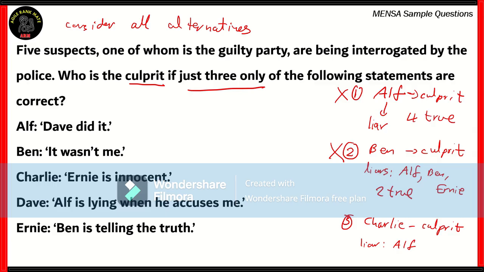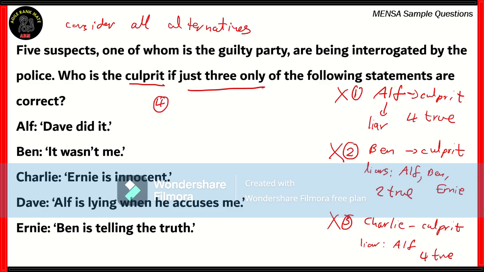So therefore, again, if Charlie is the culprit, you can see that 4 statements are true. So Ben saying it wasn't me, Charlie saying Ernie is innocent, Dave saying Alf is lying, as well as Ernie saying Ben is telling the truth. All of these statements are true. So again, scenario number 3 is the same as scenario number 1, so that does not work.